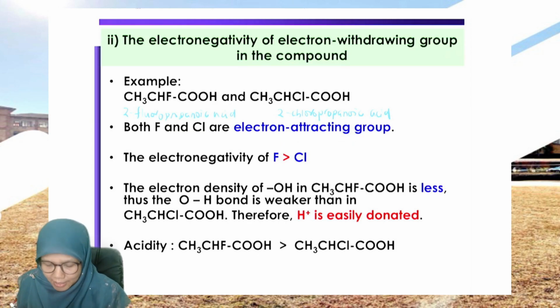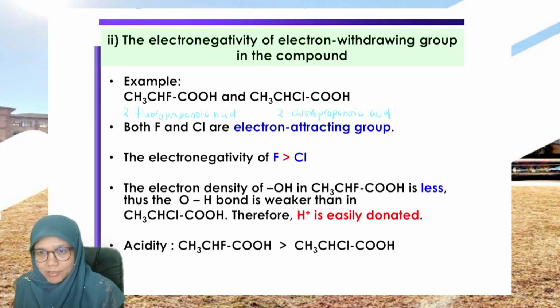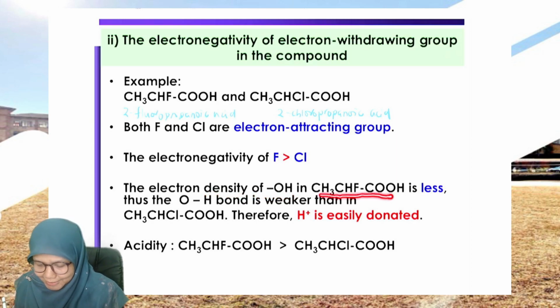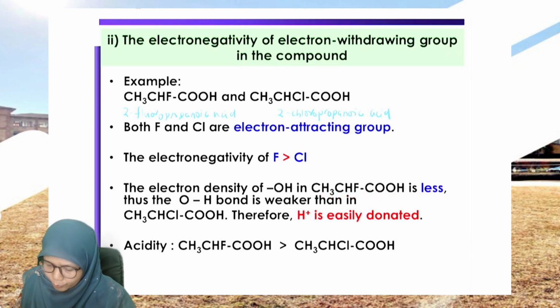But the electronegativity of fluorine is more than chlorine. Electronegative fluorine tu lebih daripada chlorine. Thus, the electron density of OH in 2-fluoropropanoic acid is less. Maksudnya fluorine ni akan withdraw elektron lebih kuat daripada chlorine dalam 2-chloropropanoic acid.